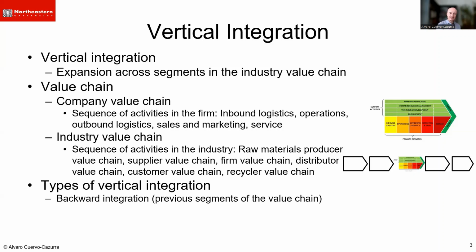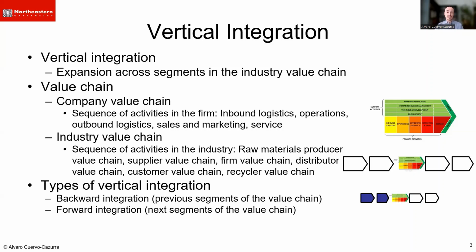I get into the direct suppliers, their suppliers, and maybe all the way into raw materials. Or alternatively, I decide to go closer to final customers, and I push into distribution, I push into retail, I push into direct contact with the customers. And of course, we can, in some cases, control the whole thing.